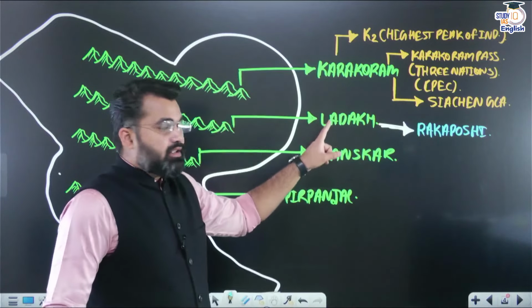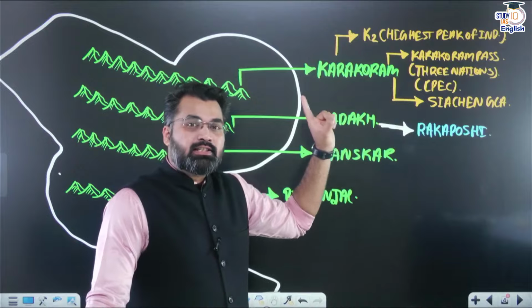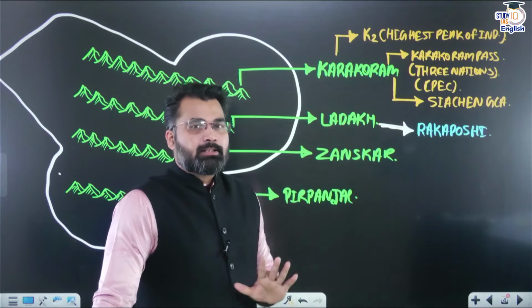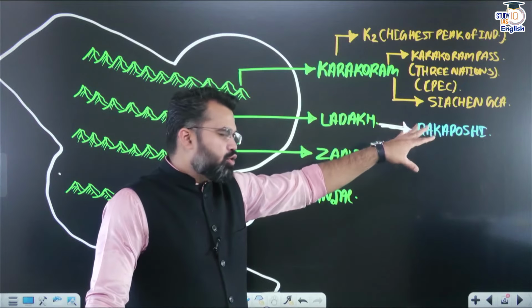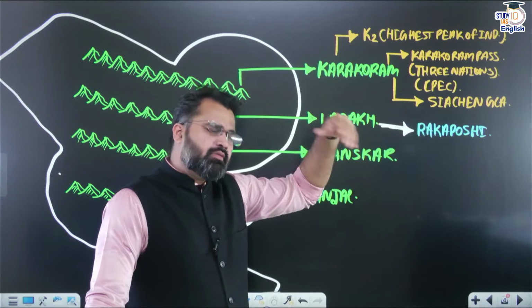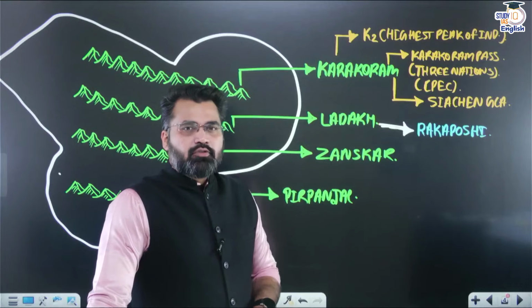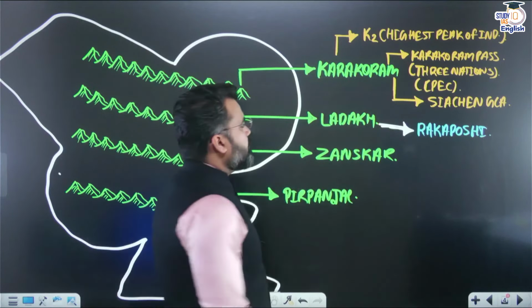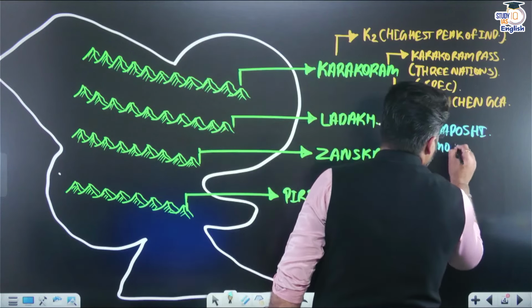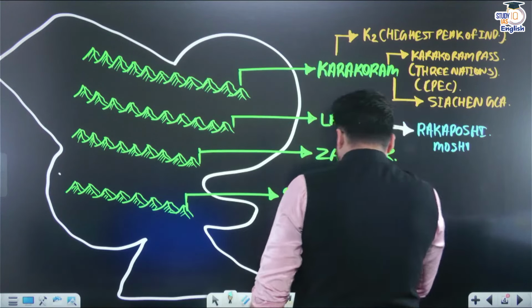In some cases, this peak is considered the steepest peak of Himalayas. You will find Shirk and Korea are the topographical phenomena present here, but we're going to discuss them in the physical geography section, not in the mapping part. So this is Rakaposhi mountain.